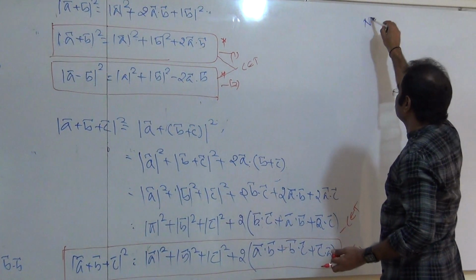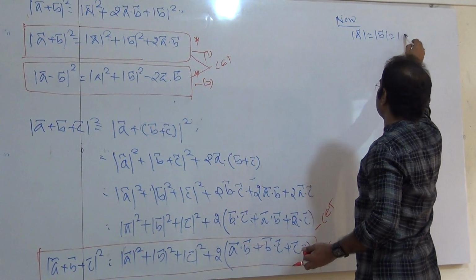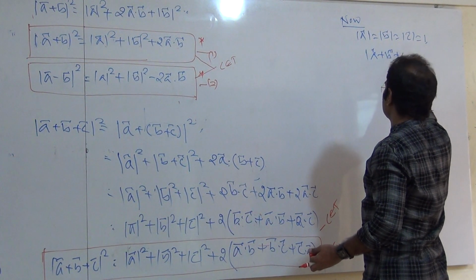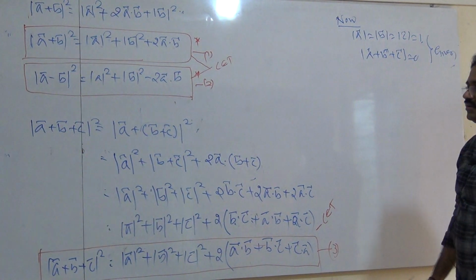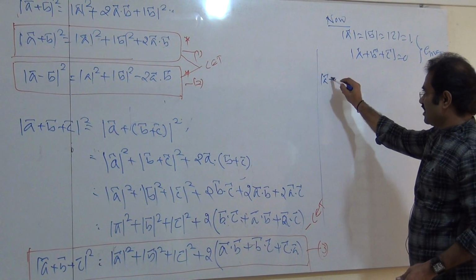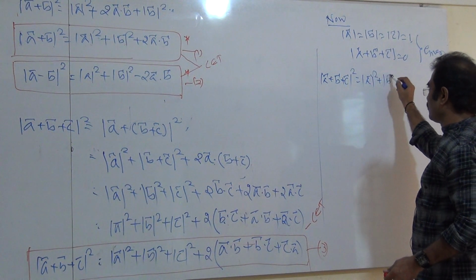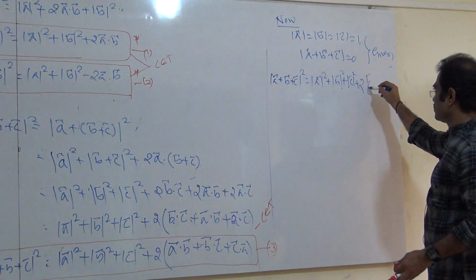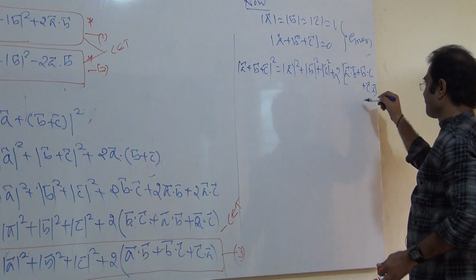Now, magnitude of A is equal to magnitude of B is equal to magnitude of C. They are unit vectors, and A plus B plus C is equal to 0. Both of these are given. Therefore, I consider this expression: (A plus B plus C) the whole square is equal to magnitude of A square plus magnitude of B square plus magnitude of C square plus 2 times (A dot B plus B dot C plus C dot A).